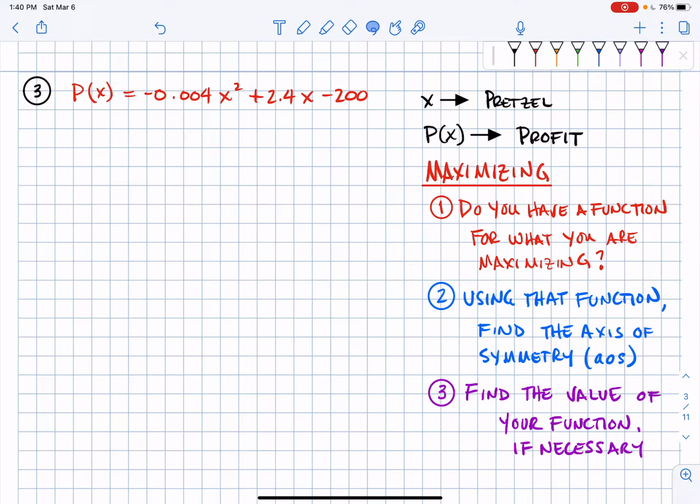Okay, so since I want to maximize profit, this is a function of profit, right? So using the function, find the axis of symmetry. Okay, so if I have f of x is equal to ax squared plus bx plus c, my axis of symmetry is x is equal to negative b over 2a.